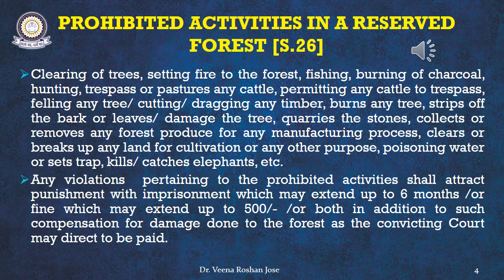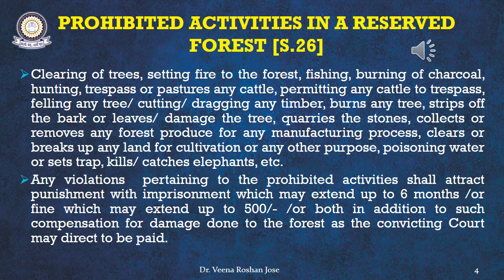Now we'll see what all activities are prohibited in a reserved forest. It is mentioned under section 26, and you should understand that a reserved forest is the category where most prohibitions are mentioned. Okay, so what all activities are being prohibited?